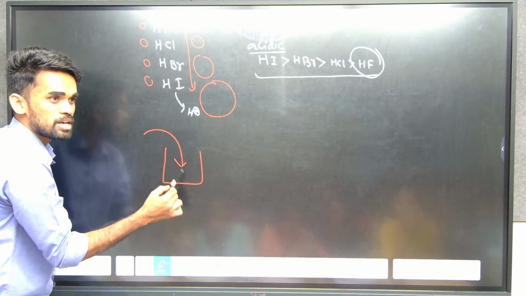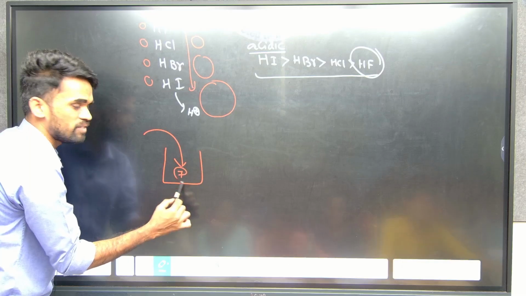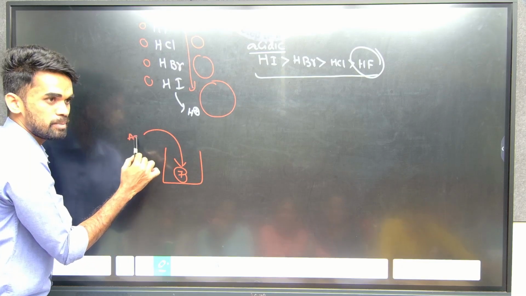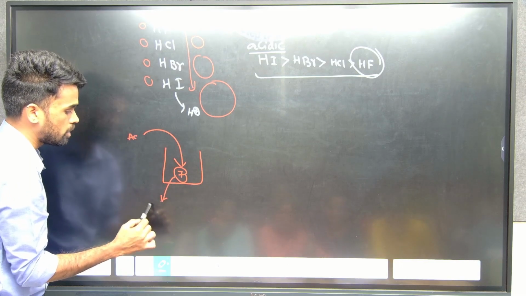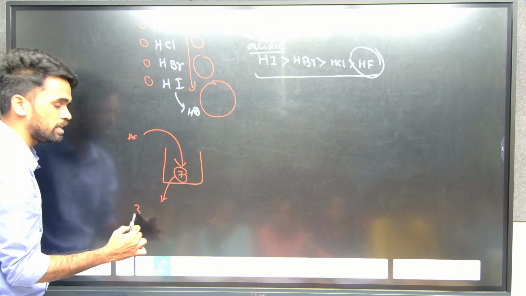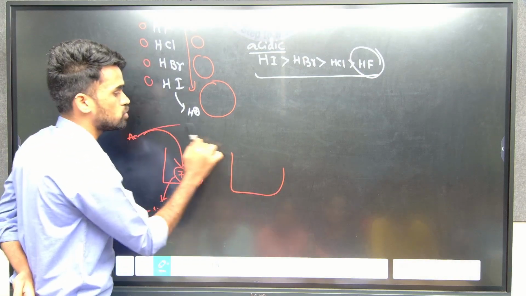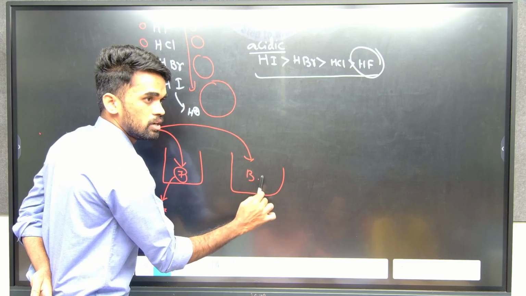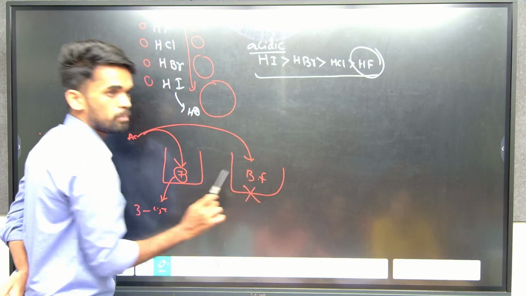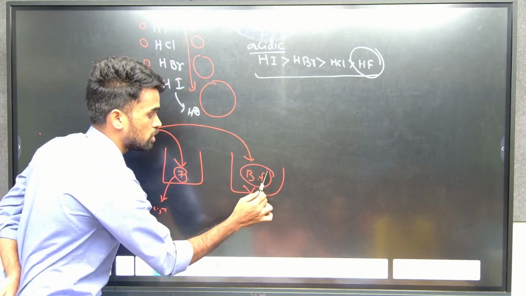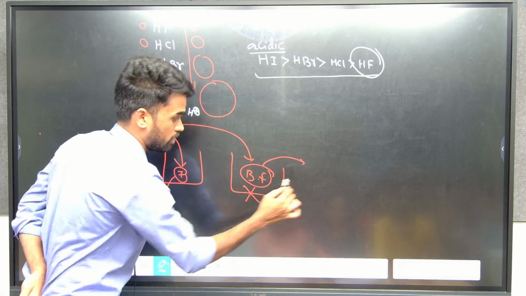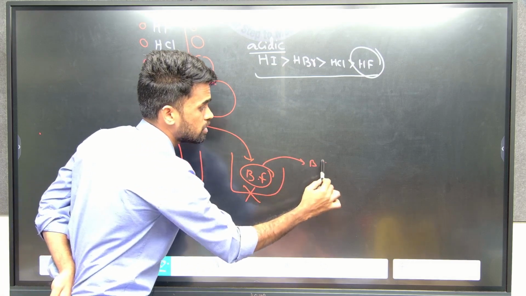So what will its pH be? Water means 7. When I add this citric acid, lemon juice, its pH falls to less than 7, like it might be 3, 4, 5 like that. But if I add the same lemon juice to the buffer solution, there is no change in the pH. The solution present in the buffer beaker is called a buffer solution.